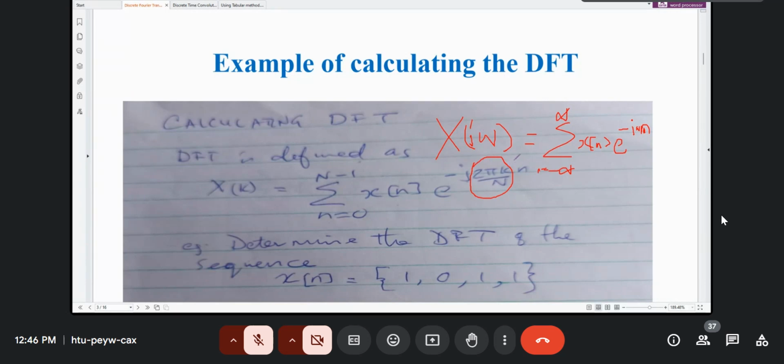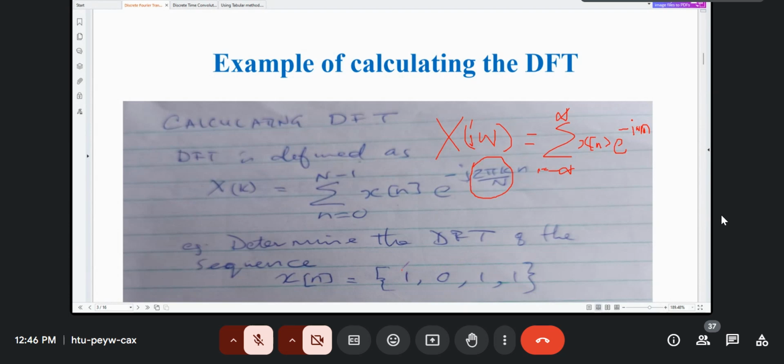By definition, that is what X of k is. So if you are going to do direct computation of X of k, this is what we will do.